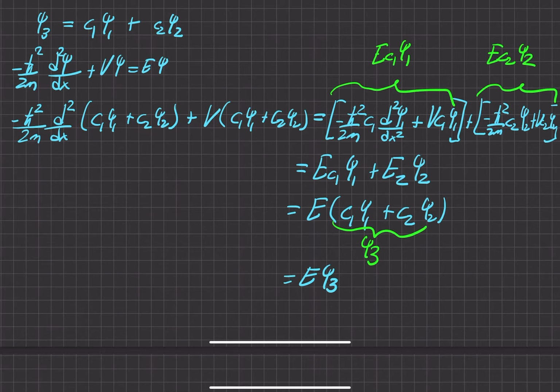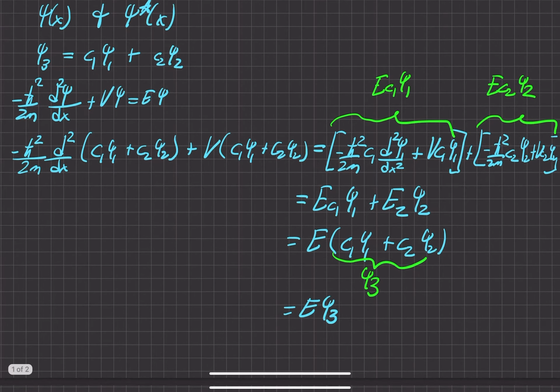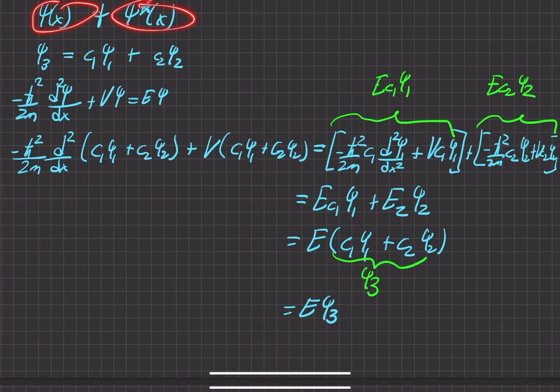Okay, so we just showed that these two solutions, linear combination of the two with any arbitrary constant out front, is also a solution to the time-independent Schrodinger equation, which means that any linear combination of solutions, let's say these two right here, are also solutions to the time-independent Schrodinger equation.